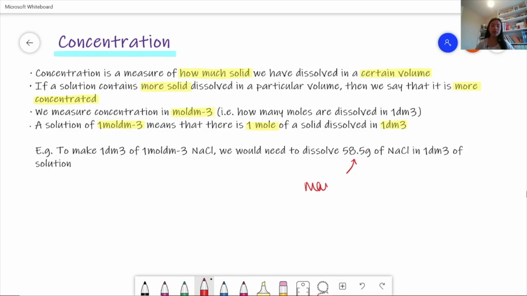So this is the mass of 1 mole of sodium chloride, because the concentration of the solution is 1 mole per decimeters cubed. That means we have to have 1 mole of sodium chloride dissolved in this solution. And so we need the mass of that 1 mole, which is 58.5 grams, which is the molar mass.